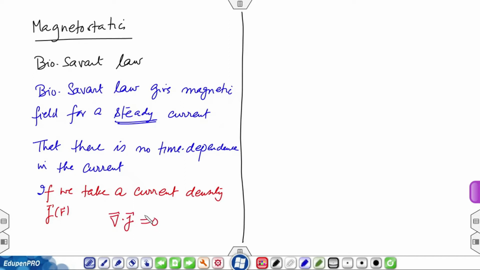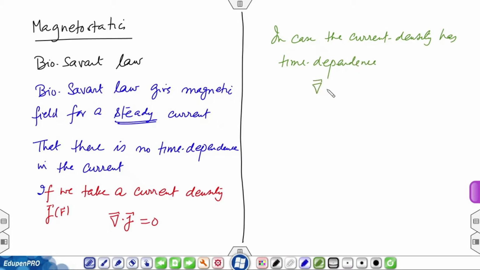In case the current density has time dependence, in that case I have divergence of J plus d charge density by dt equals 0, which is known as the continuity equation.